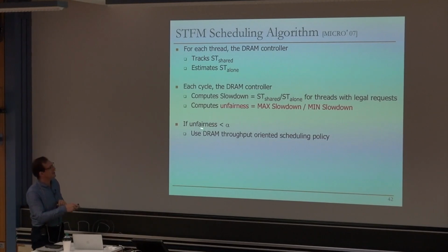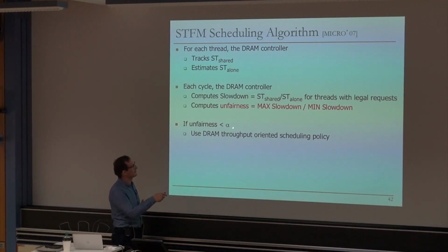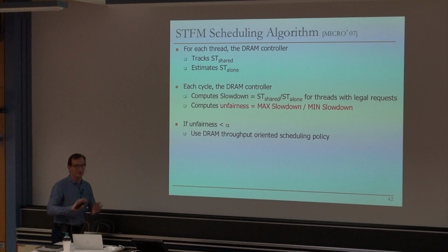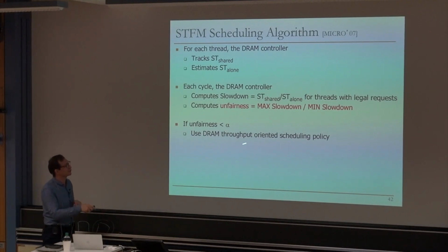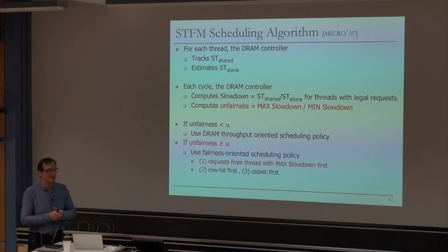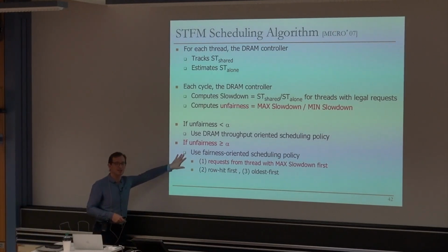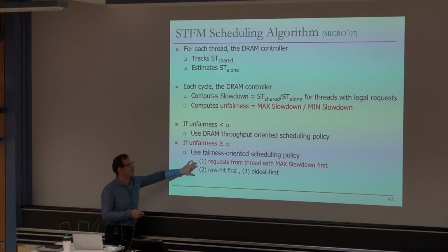If the unfairness value is less than some software-specified threshold, in this case the maximum tolerable unfairness, then everything is good, and the memory controller uses the DRAM throughput-oriented scheduling policy that we use today, FR-FCFS, let's say. But if unfairness is greater than some tolerable threshold, alpha, then the memory controller uses a fairness-oriented scheduling policy where it prioritizes the request from the thread that has been slowed down the most.